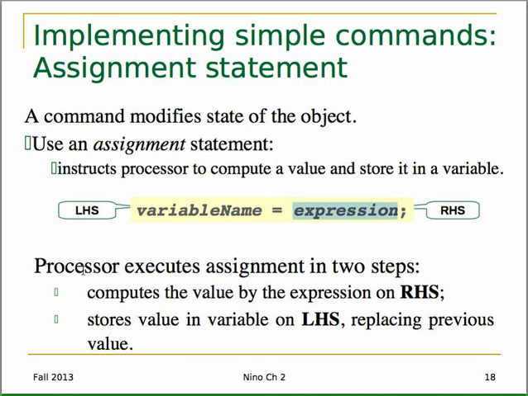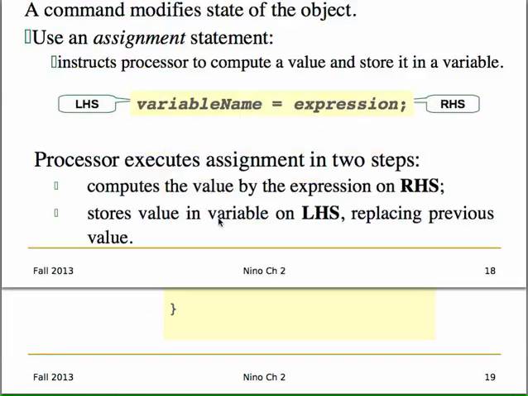So what the CPU does is it computes the value by looking at the expression, by analyzing this expression, figuring out what it needs to do, creates or generates a value, and then stores that value in some memory location, or in Java we call it a variable, on the left-hand side. So whatever was here before is gone. You're storing some new value into that variable name.